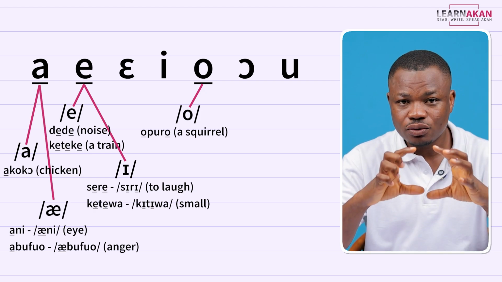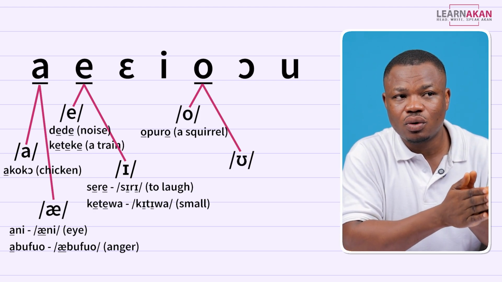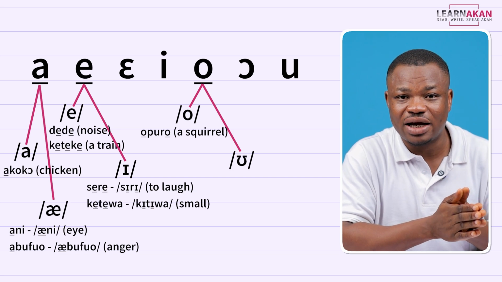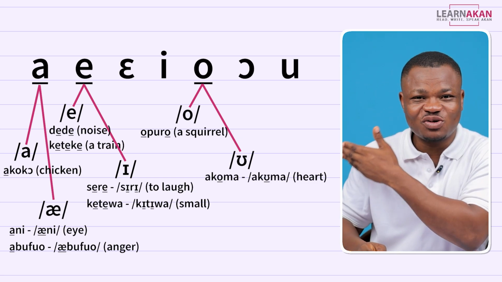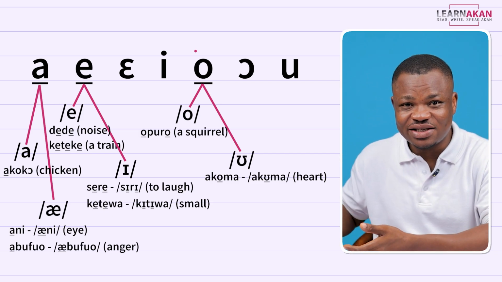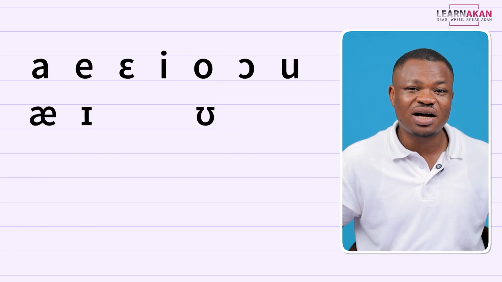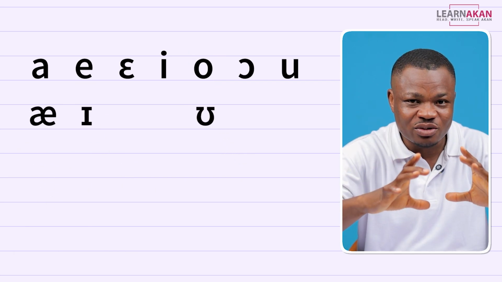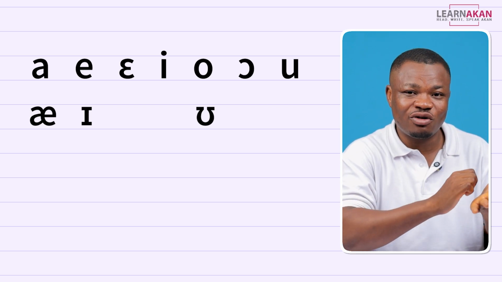So we have O, but this can also be realized as O as in pot, right? Pot in English. So the O in the middle, that is what we are talking about here. But in writing, we represent this by the U letter, okay? So this is what brings the total number of vowel sounds to 10 instead of the 7 that we have at the level of writing.